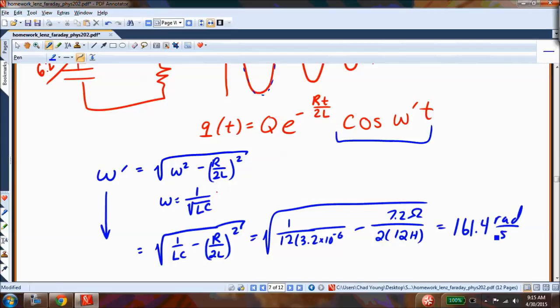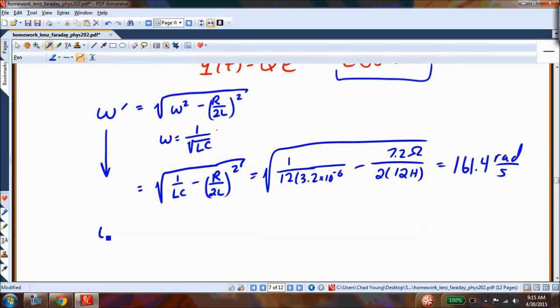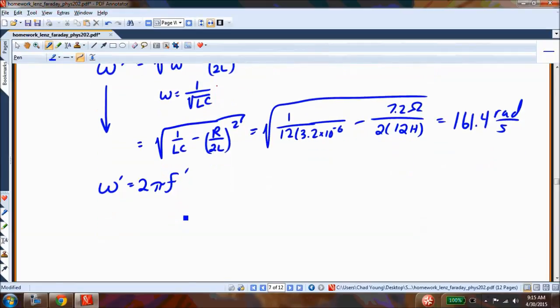However, I really need to know the period, because I'm looking for certain time intervals of the period. I also know that omega prime is equal to 2 pi f. Remember, back when we derived this, there was a difference between omega and omega prime, but omega prime is still the angular frequency of this circuit. So I can solve this for f. That's going to be 161.4 over 2 pi, and I get the frequency.